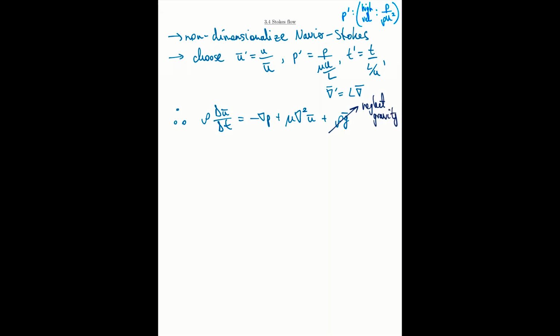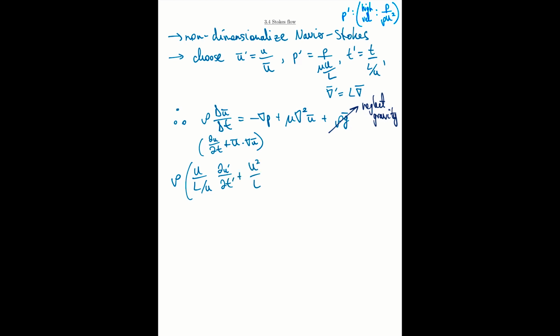When our gravity forces are relevant and when they're not relevant, okay? So we neglect gravity for Stokes flow, and we write this out remembering that this is the convective and local acceleration. So then if I simplify all this, I'll write it out here so we can see some of the simplifications here.